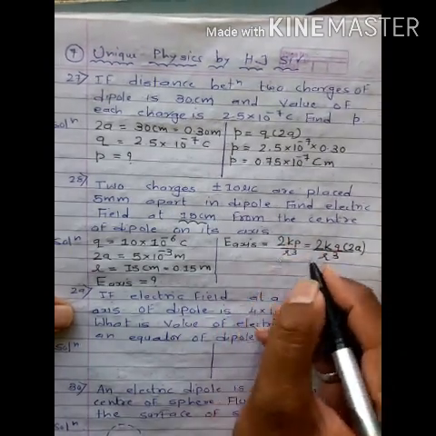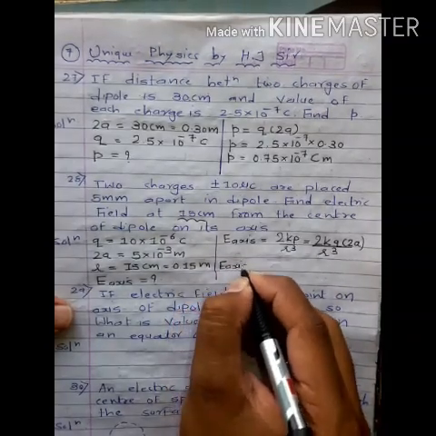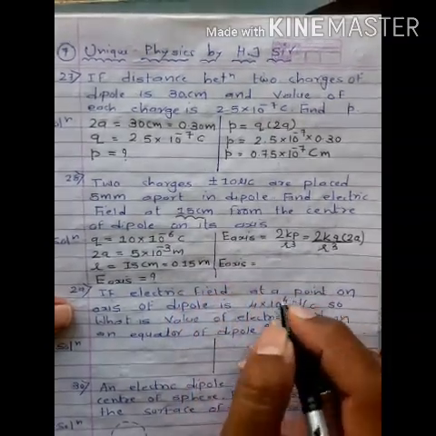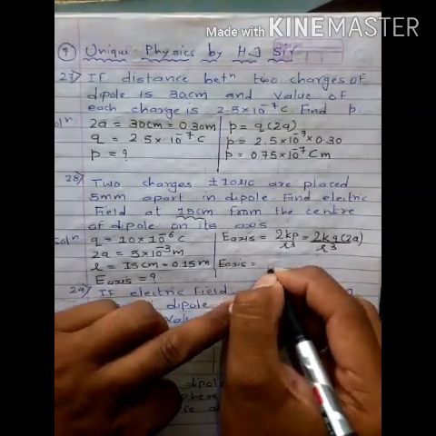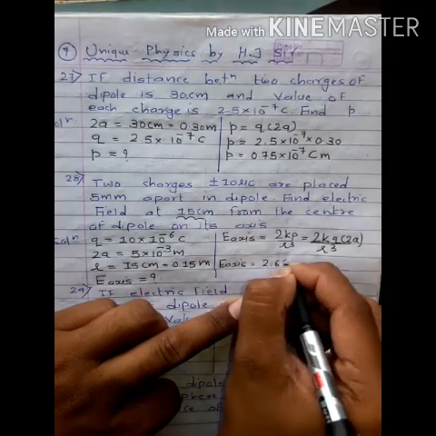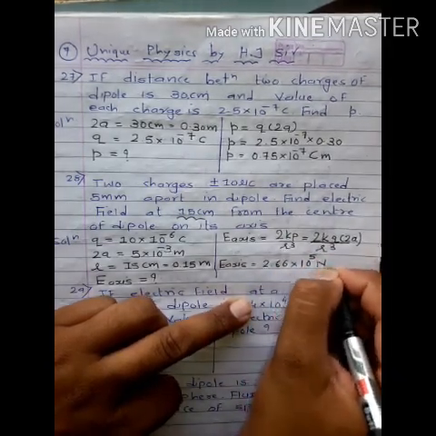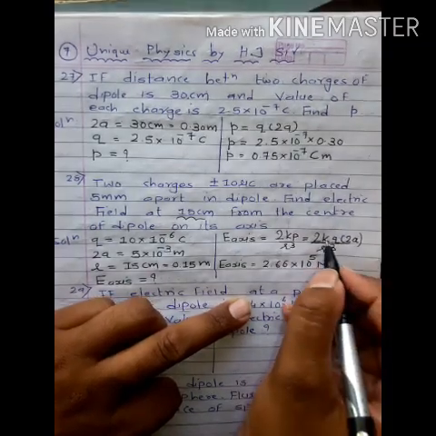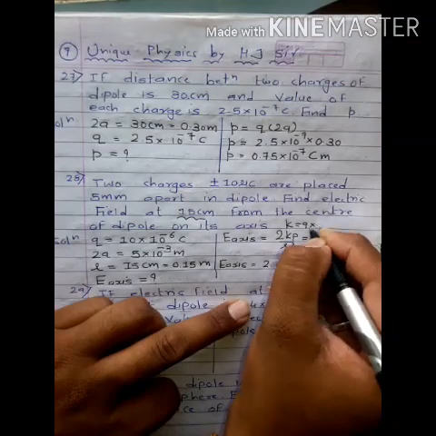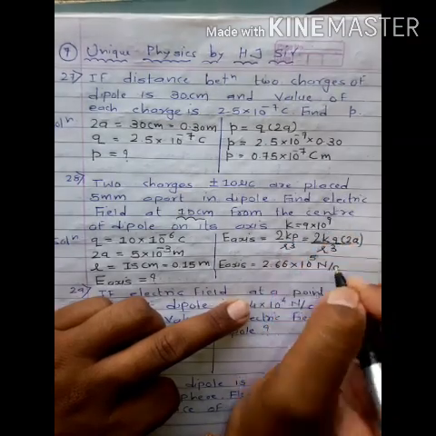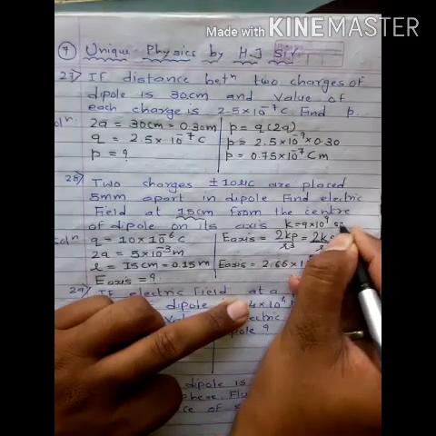We have all the standard values, substitute all values and find your answer. So your answer is 2.66 into 10 to the power 5 Newton per Coulomb. K is known as the Coulomb constant, and remember this value: use 9 into 10 to the power 9 in the SI system.